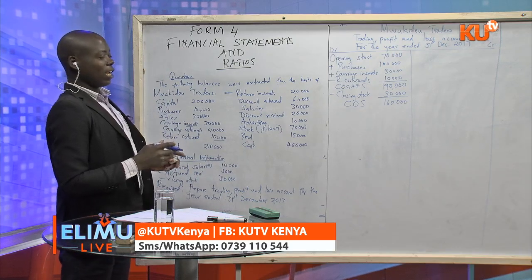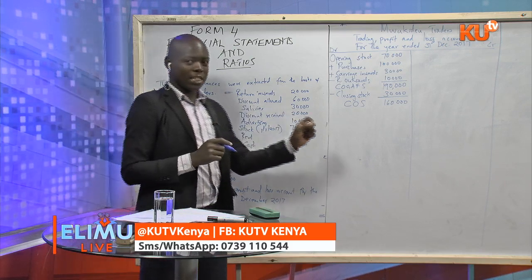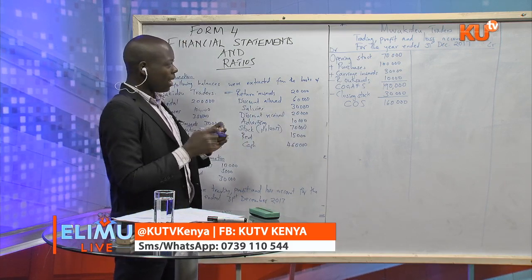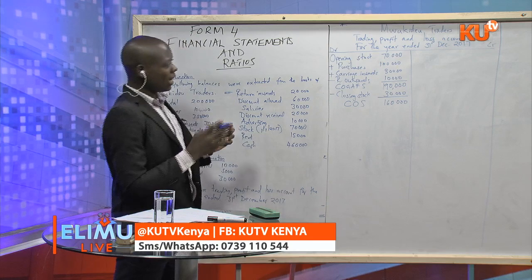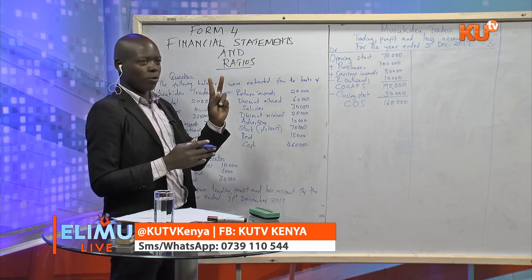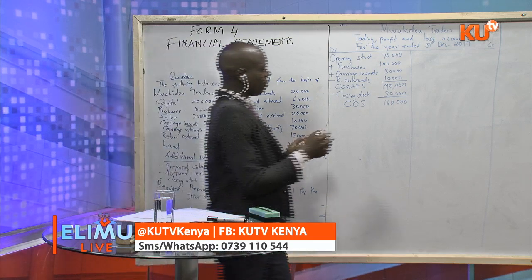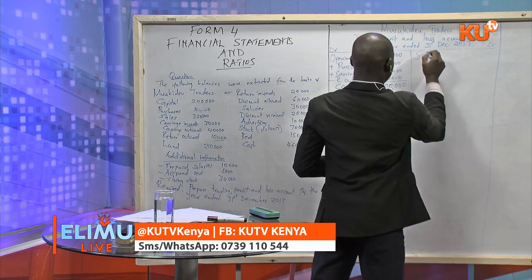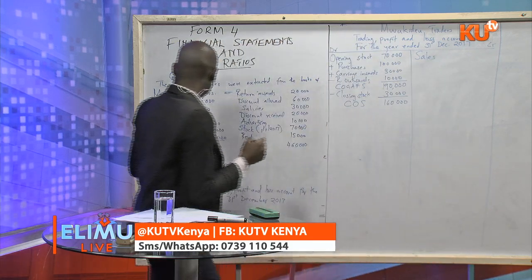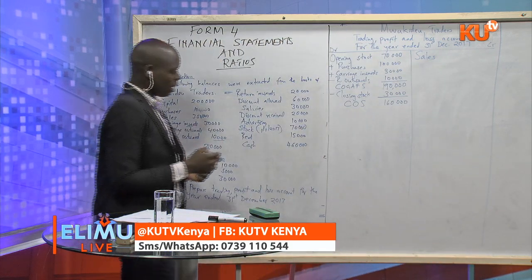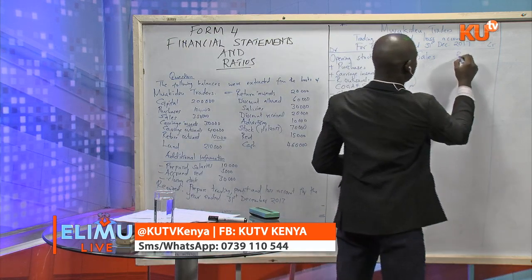At that stage then, you move to the right-hand side, to the credit side, and now record the entries. And the credit side has only two entries that we need to make. One is the entry for sale. We record sales because sales is given here as 350,000. So we record 350,000.